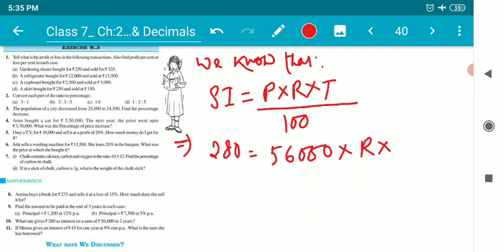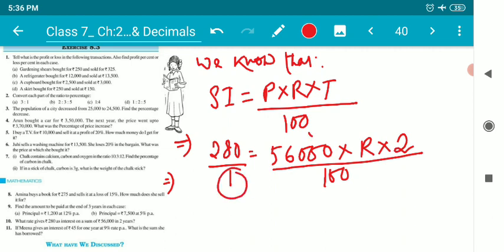Time is given, that is 2 years, divided by 100. Children, can we write 280 as 280 by 1, as there is no denominator? We always know it has a denominator of 1 actually. So by cross multiplying, 1 will be multiplied with all three numbers in the numerator on the right hand side.